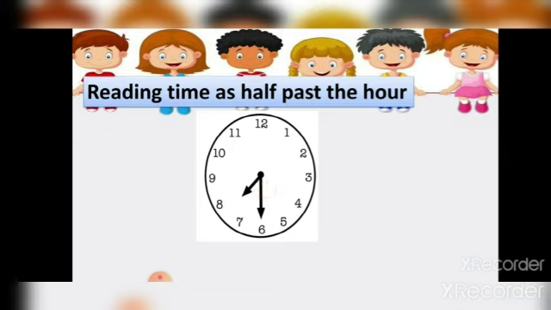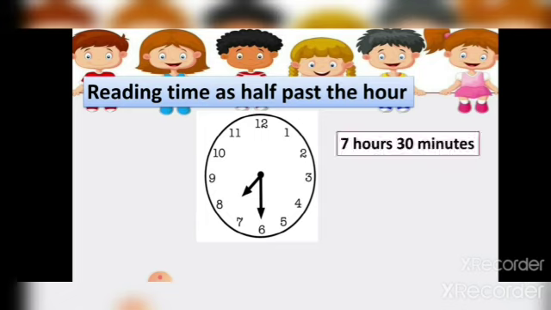So when the minute hand reaches 6, we will multiply 6 by 5. 6 5s are 30, right? So the time is 7 hours 30 minutes. It is also read as half past 7.